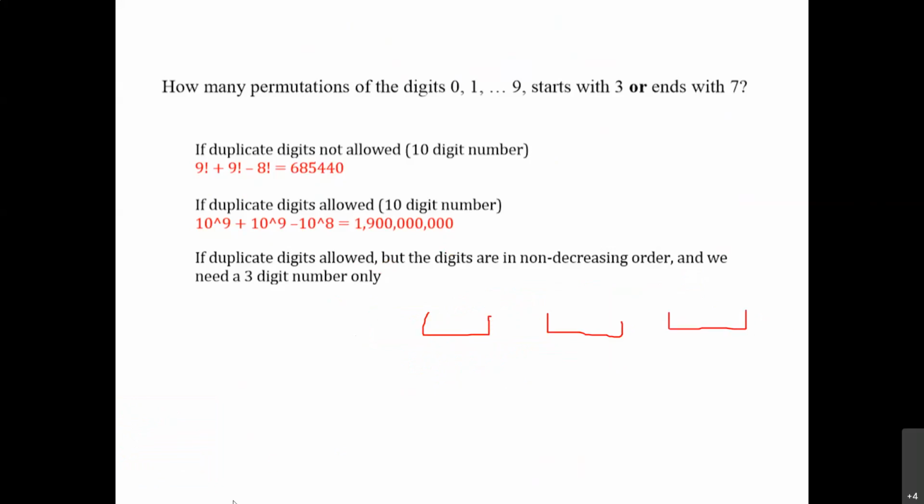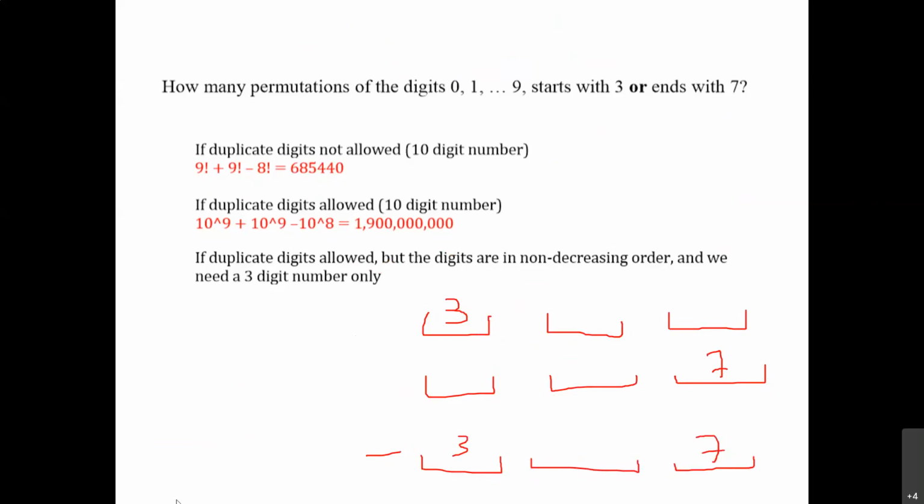Same as before, I still have my first condition. So it either starts with 3, ends with 7, and then later I have to take care of these, the intersection. So if it starts with 3, what are the possibilities for the second digit?